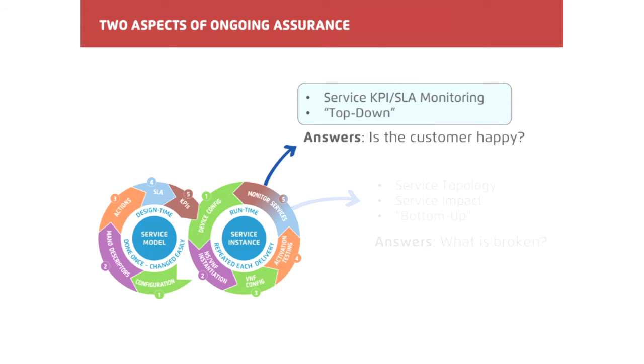Classical assurance tools being alarms, inventories, maybe what is broken. That is not the focus of this webinar. We will focus on the top-down thing where you look at the service KPIs and you monitor the KPIs and the SLA. It's more of a top-down thing, and it answers the question, is the customer happy? That is the focus of this webinar here.